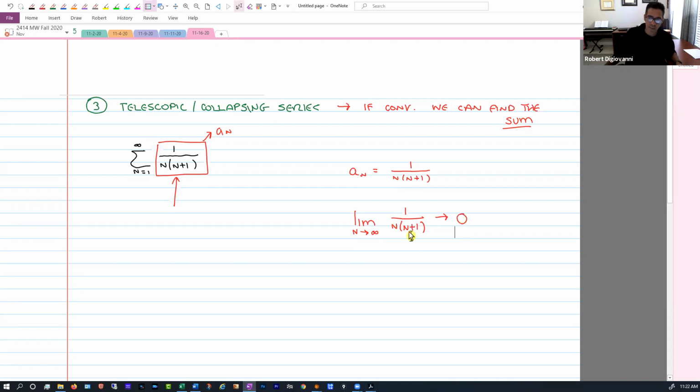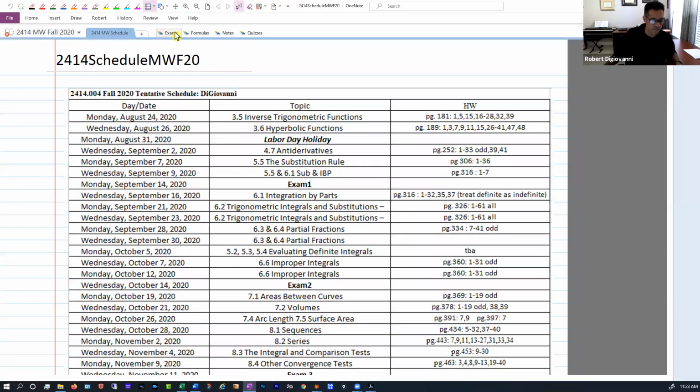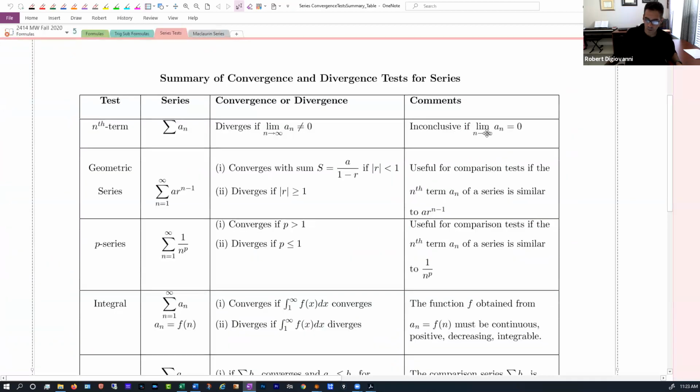So when the sequence part of the series goes to 0, the nth term test tells us that you don't know anything. It tells us that this test failed. Now, if it went to something other than 0, then we would say it diverges.